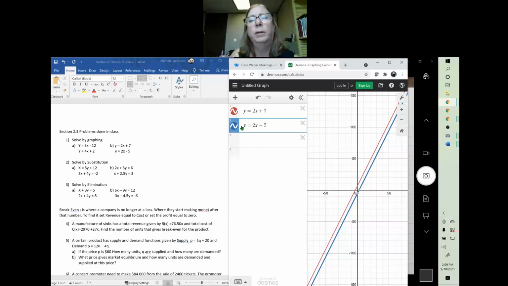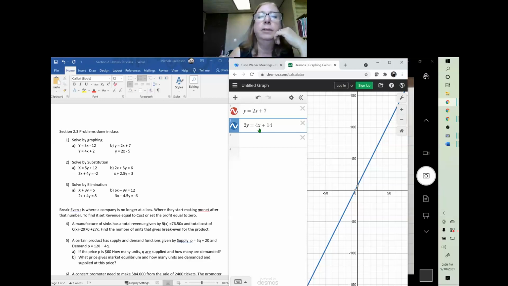I'm going to show you one more. If we keep the first one, and then 2y equals 4x plus 14. Notice they're on top of each other. They're the same line. Notice if we take the second line and divide it by 2, we have the first one.